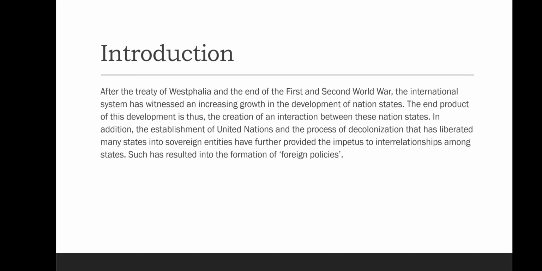In addition, with the establishment of the United Nations and the process of decolonization, we see the liberation of different nations and the emergence of different entities, and this gave importance and impetus to the interconnections and interrelationships among the states, which resulted in the formation of foreign policies.